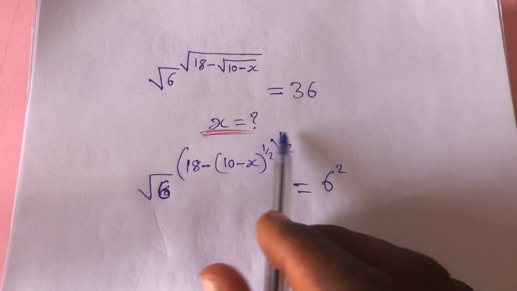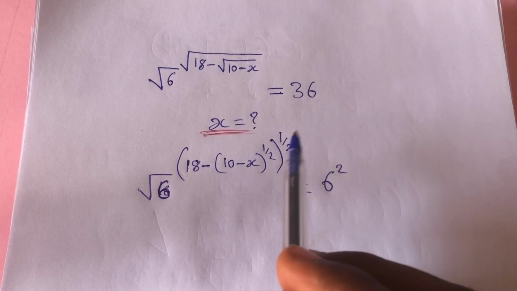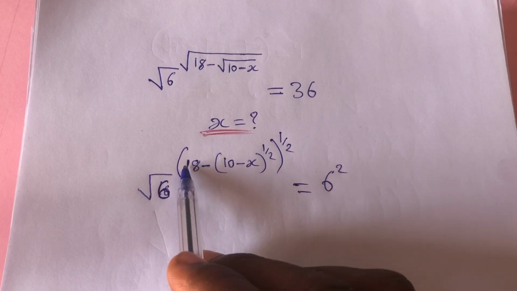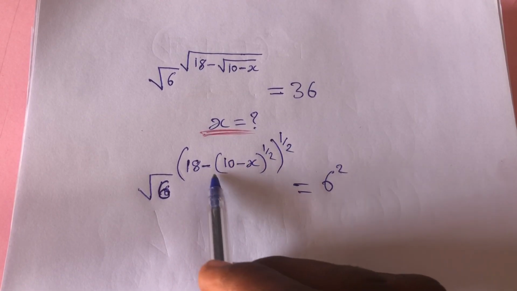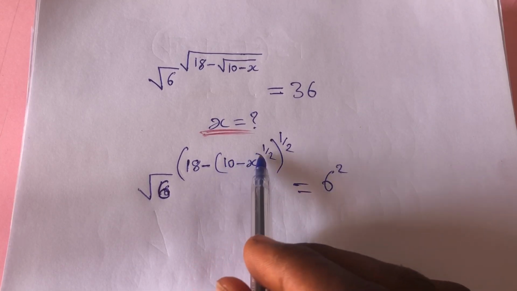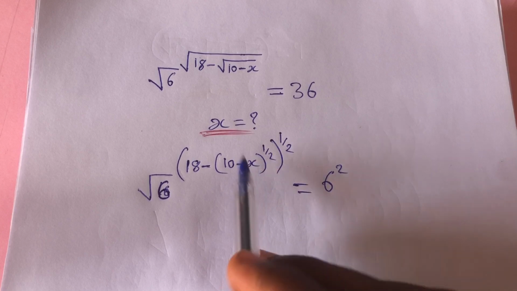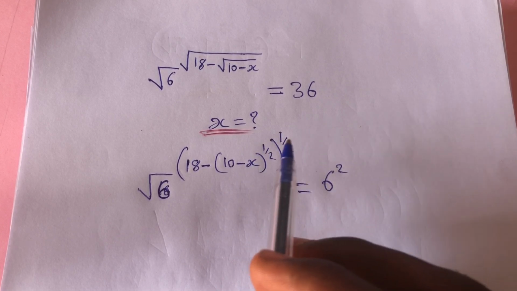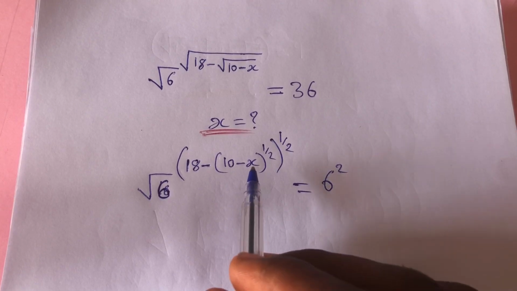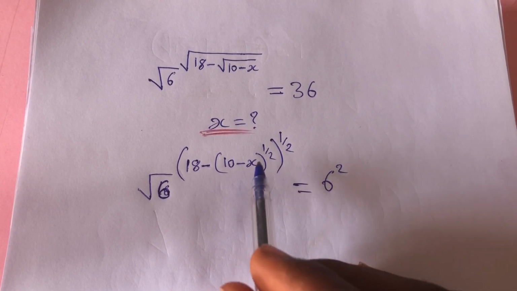So if you see something like this, don't rush into distributing it. If it were multiplication, you can easily distribute it, but since it's subtraction here, you need to calm down, because there are better ways to tackle this kind of problem.